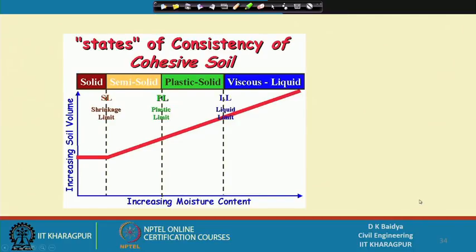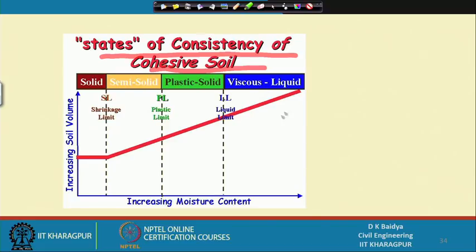And you see, this is what I have qualitatively told in the previous slide while discussing the states of consistency. You can see the states of consistency of cohesive soil. This is the viscous liquid, that means soil and water. If you put excessive water, the viscous, liquid-like thing will be in this zone.